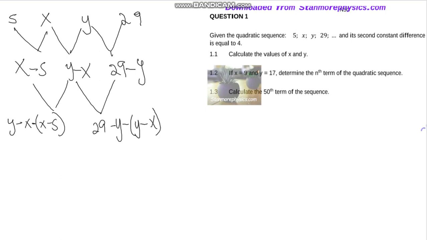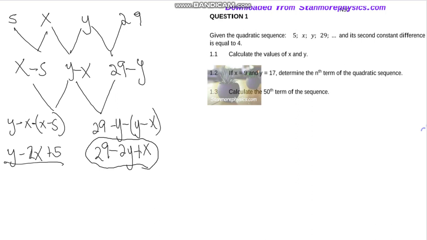Simplifying this will give you y minus 2x plus 5, and then you'll have 29 minus 2y plus x. So this now is your second difference. Do you see that?